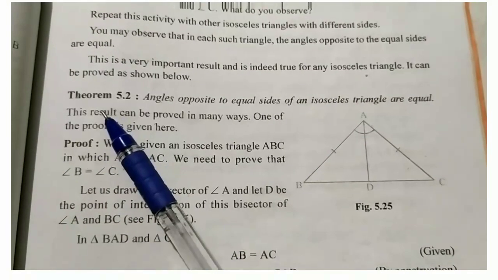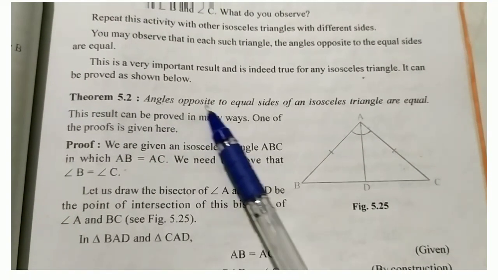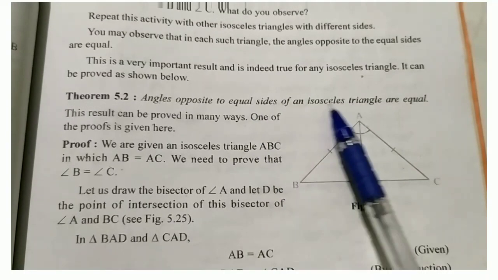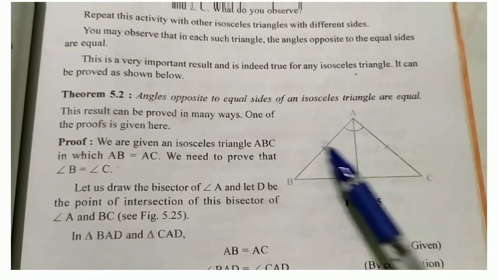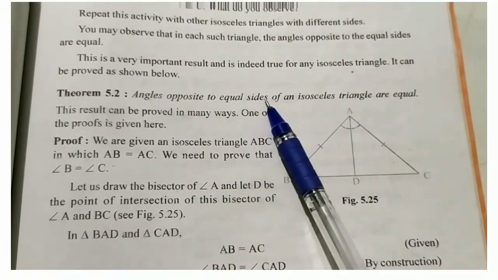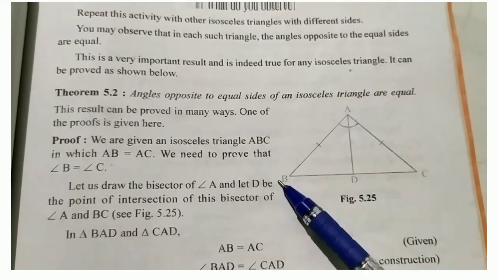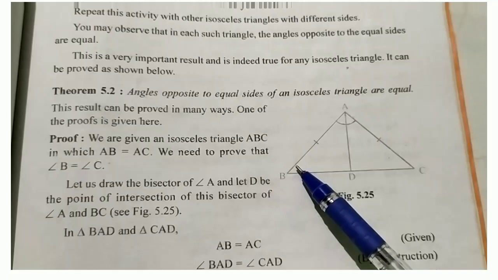On that basis, here we will get two theorems. Theorem 5.2: angles opposite to equal sides of an isosceles triangle are equal. Here AB equal to AC, then the opposite angles, which are those?